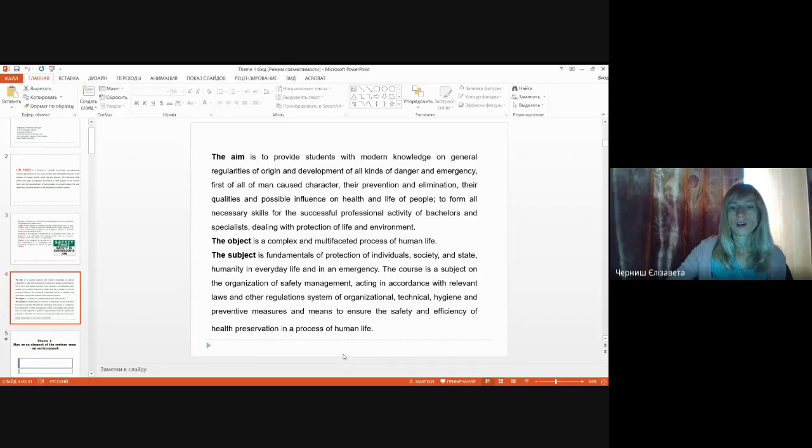The object is the complex of human life processes, the multifaceted processes of human life and activity, and the subject is different measures of protection of the individual, society, and human life in general.